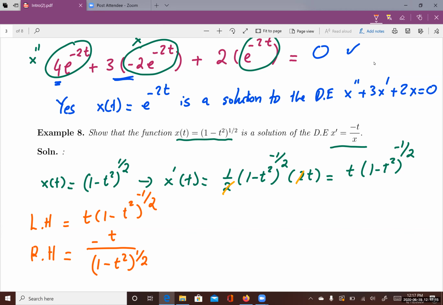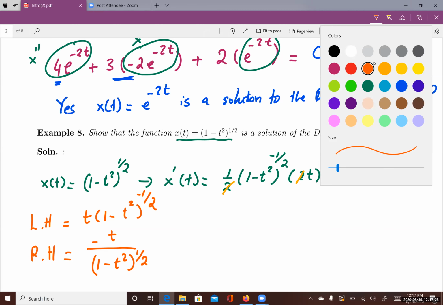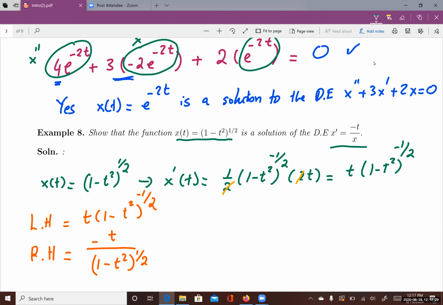And as you can see, oh, this should be negative. So one thing that I forgot up here is it should be negative 2 and it should be negative t.